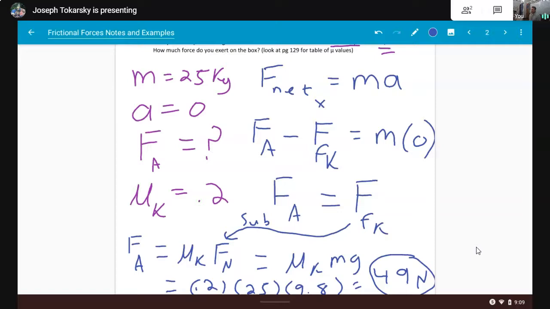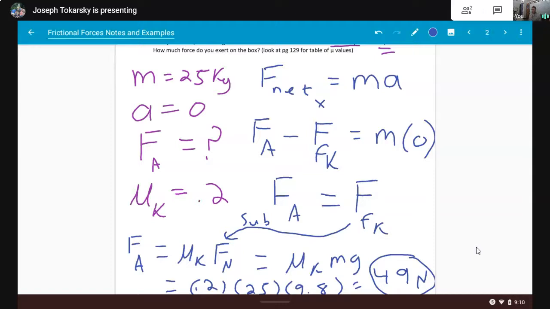So whether I push harder or softer, mu represents the coefficient of friction, the roughness or smoothness between the objects. So whether I push harder or softer, that won't change what the two materials are made up of, right? And as long as I continue to push horizontally, harder or softer, that won't change the fact that the normal force is equal to the weight.